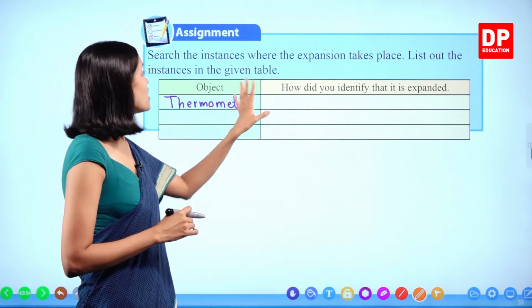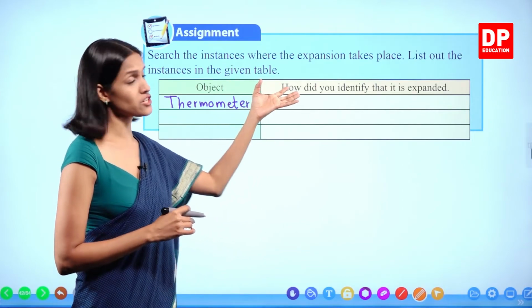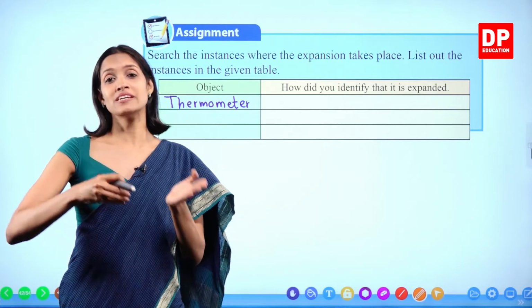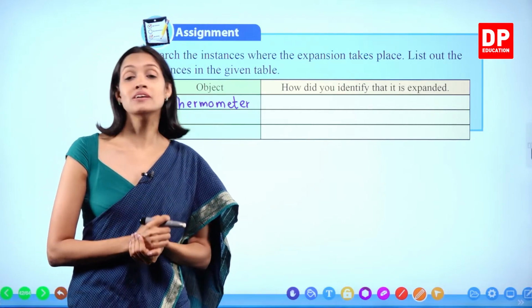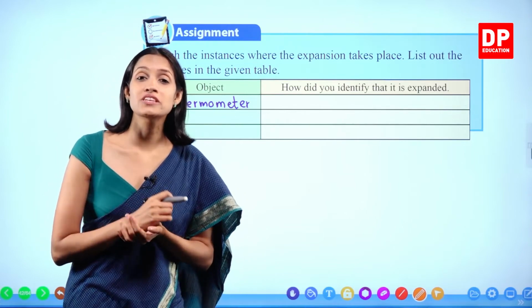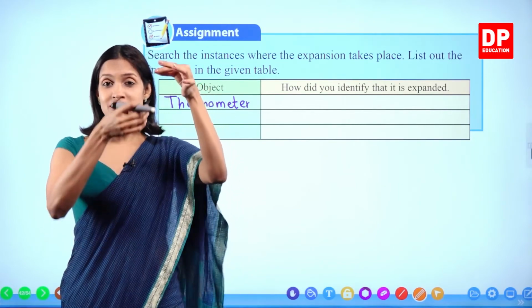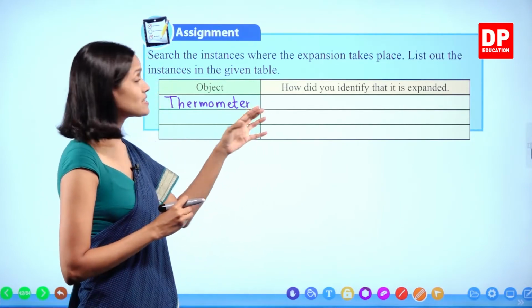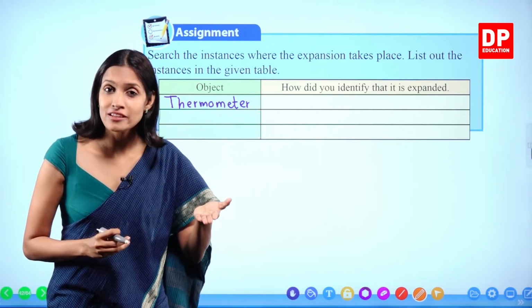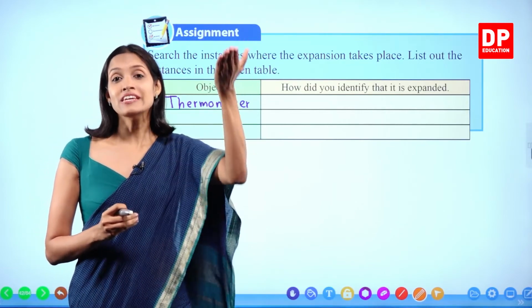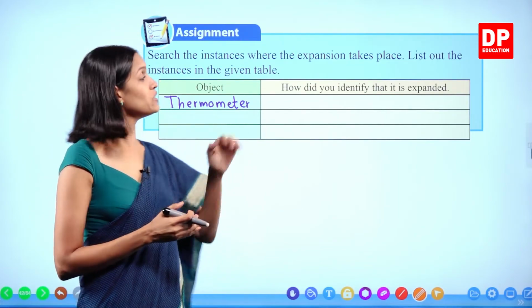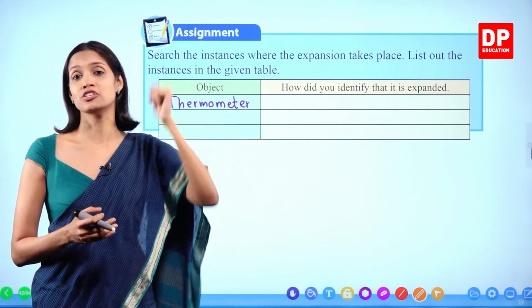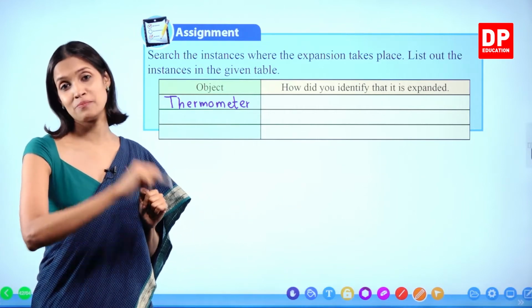Thermometer, right? So how do we identify that expansion has taken place, children? You all know that when we measure the temperature of any object using the thermometer, you have to immerse the bulb in that particular substance. Then the liquid level inside the capillary tube of the thermometer increases. If the liquid level rises through the capillary tube, we know that expansion has taken place.